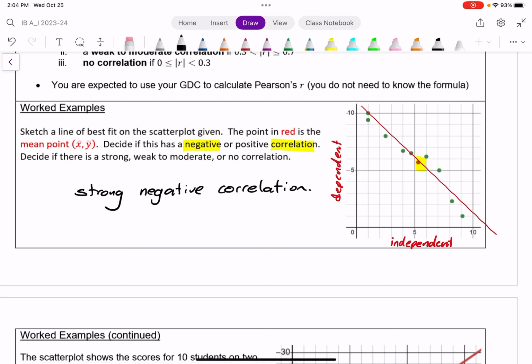An example of a weak negative correlation would be if the points were still going down generally, but not as closely clustered to this line of best fit. And a positive correlation would be similar to this, but the points would be going upwards. So again, what you see here is an example of a very strong correlation, and it's a negative correlation because it's going down.